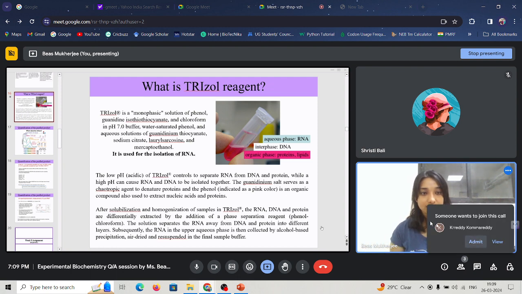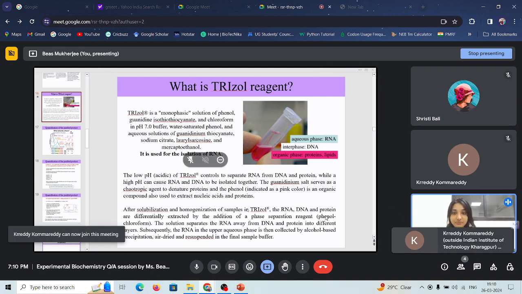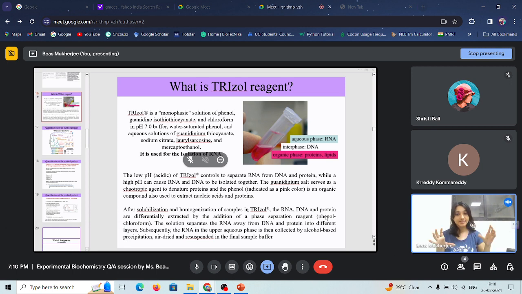Subsequently, the RNA in the upper aqueous phase is then collected by alcohol-based precipitation using isopropanol or ethanol, and then it is air dried, resuspended in the final sample buffer. Got it? So this is how RNA is isolated using this particular trizol reagent.